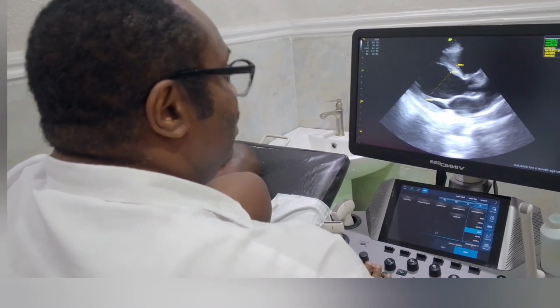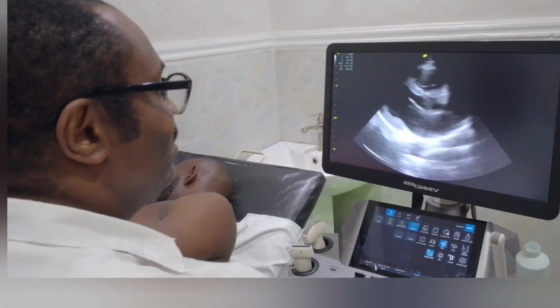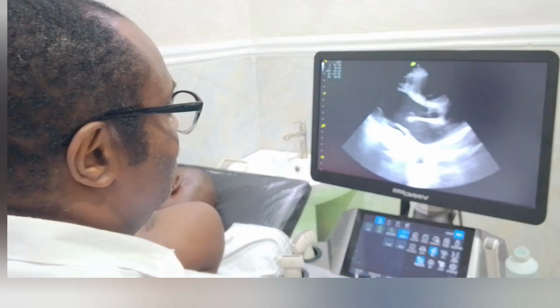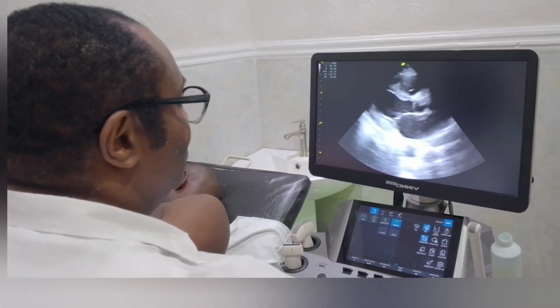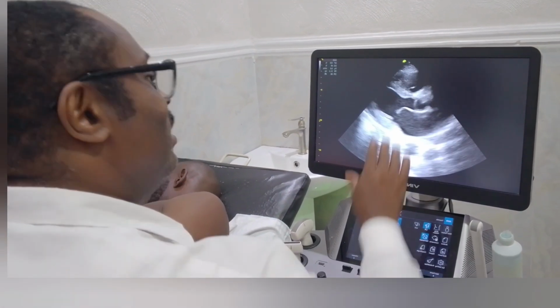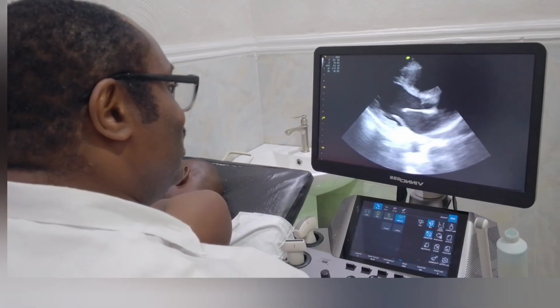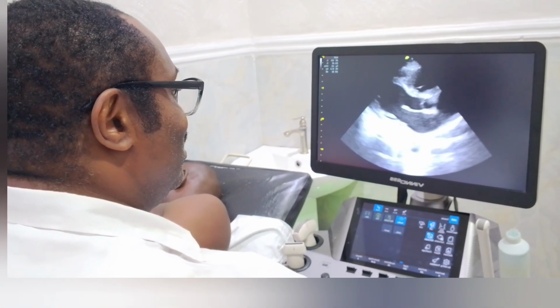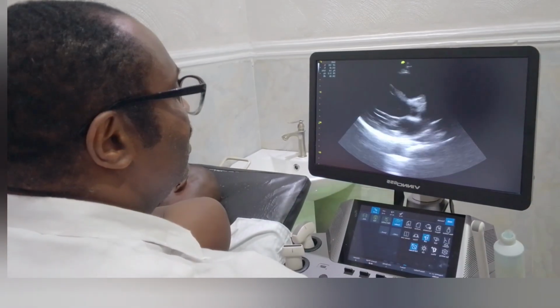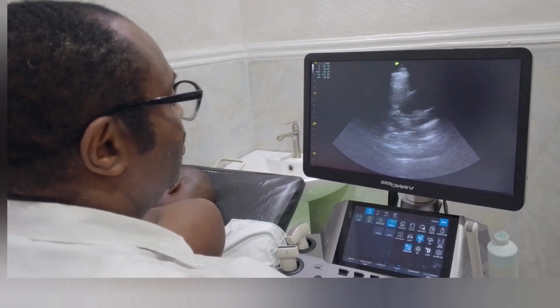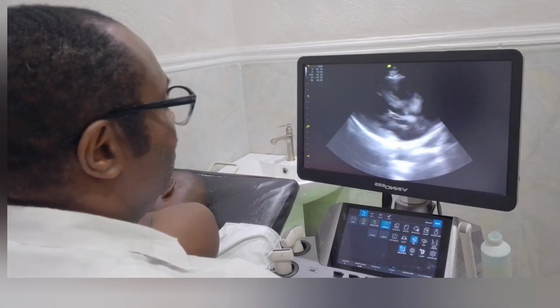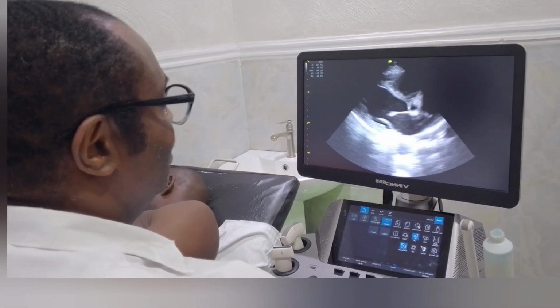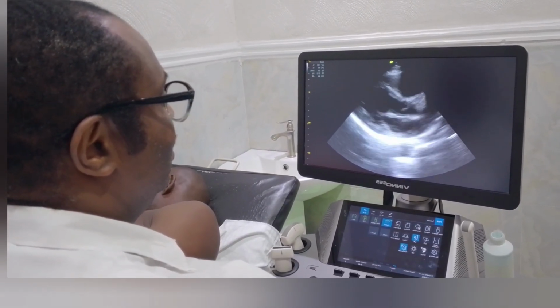Next, we now measure in systole. Now when the cavity contracts during systole, we'll measure the left ventricular internal diameter. Let's get a good image. Are you following? In diastole, like it opens.